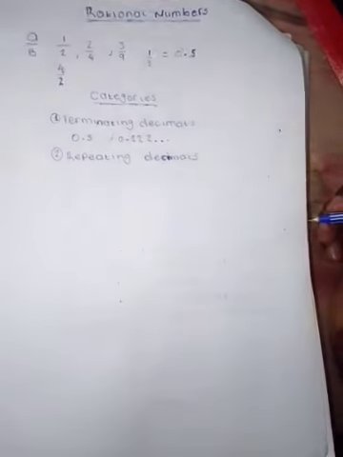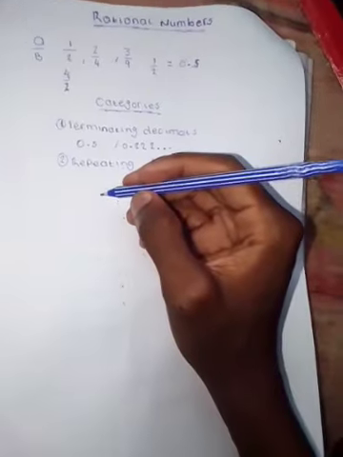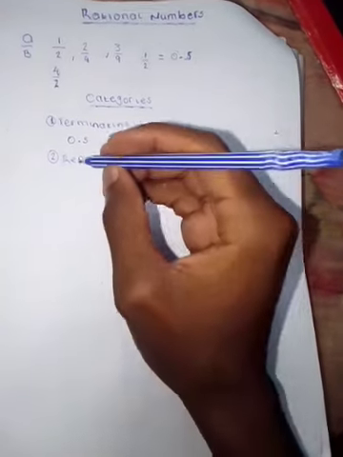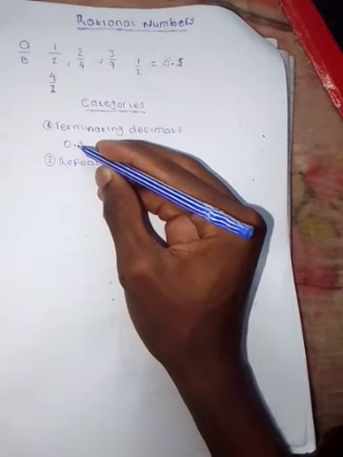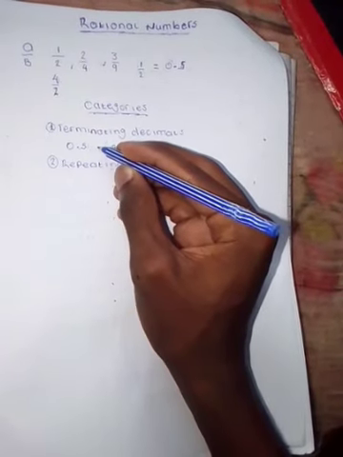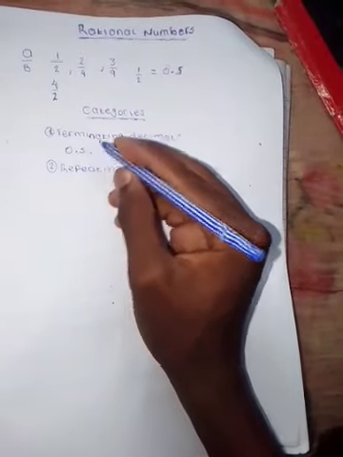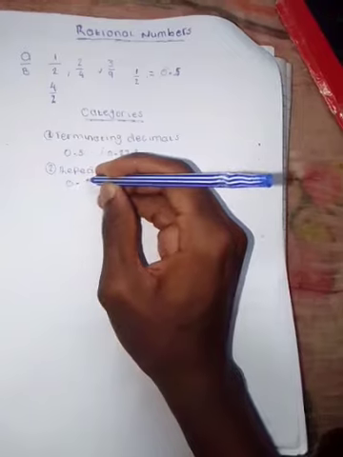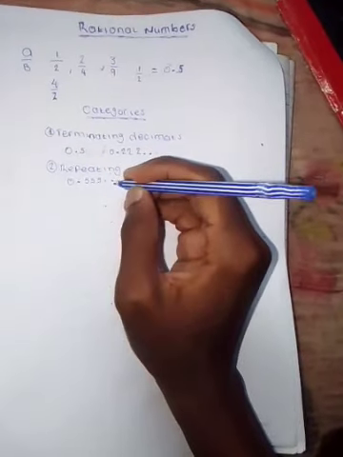So we have fractional numbers that have repeating decimals. What this means is that the numbers that are coming after a decimal point are repeating each other, and they are going to the infinity. They are repeating each other to the infinity. For instance, we have 0.555 dot dot dot, meaning to the infinity.